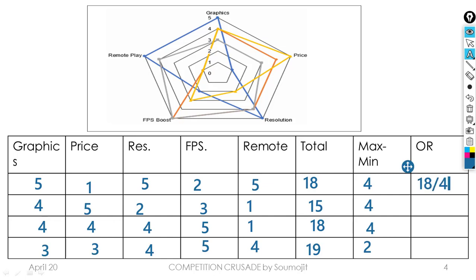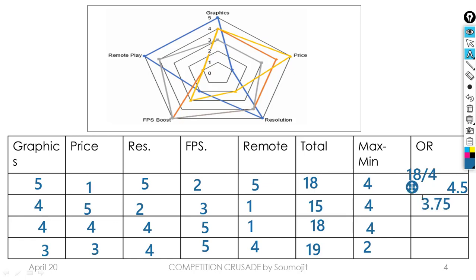18 by 4, I can write this like this, you can chop it out, you can write it like 9 by 2, so you will be basically left with 4.5, right? Because that's how it is going to be. And similarly, when you do 15 by 4, that number is going to be 3.75.